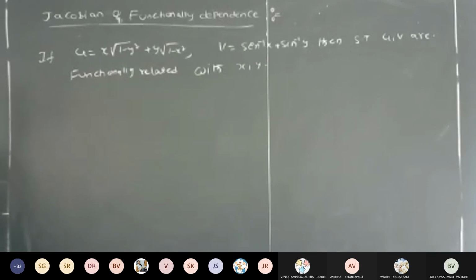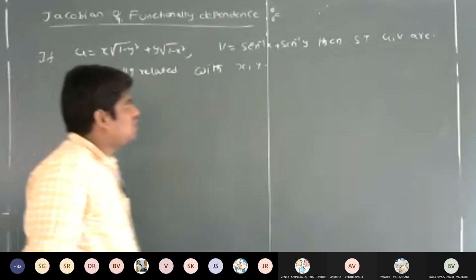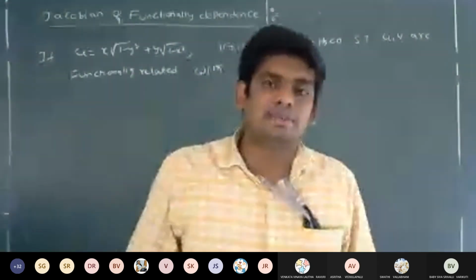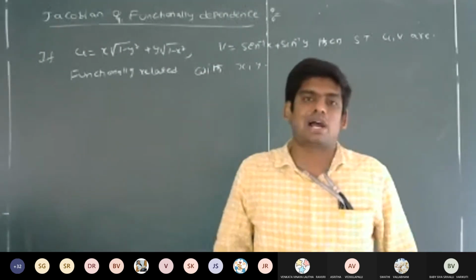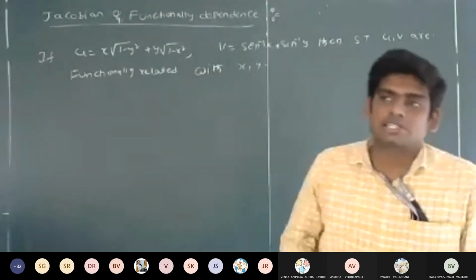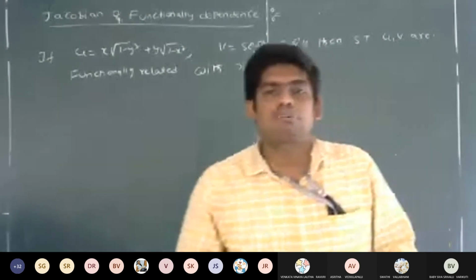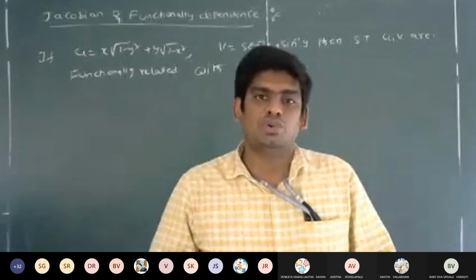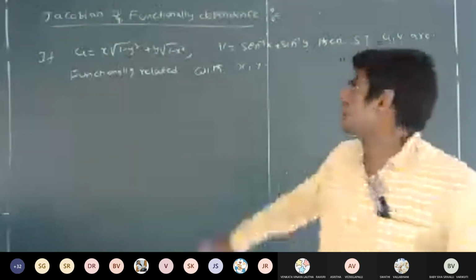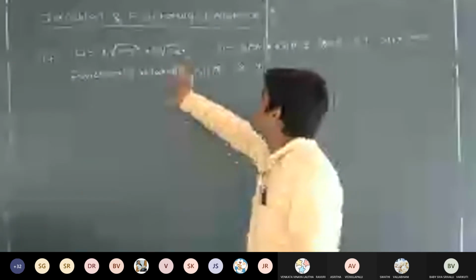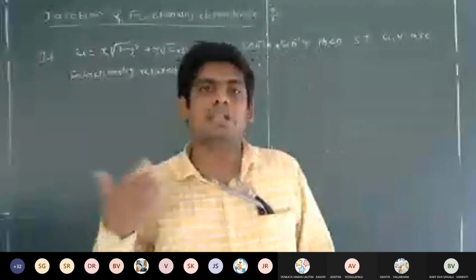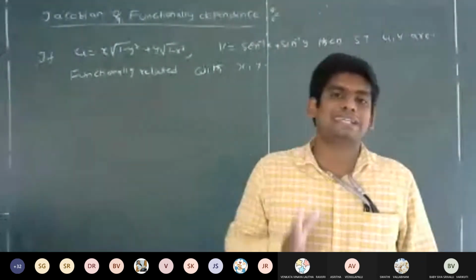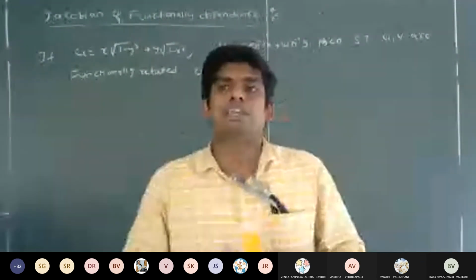So first we have to show that the dependent variables u, v are functionally related with x, y. That means the Jacobian of u, v with respect to x, y is 0. If it is 0, then we conclude that u, v are functionally dependent on x and y. Then the next task is to find the relation.